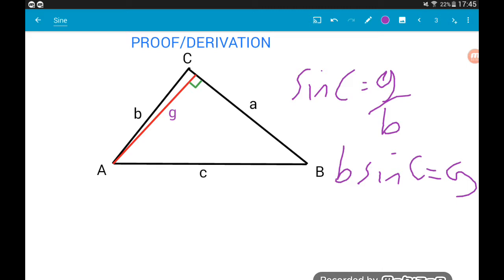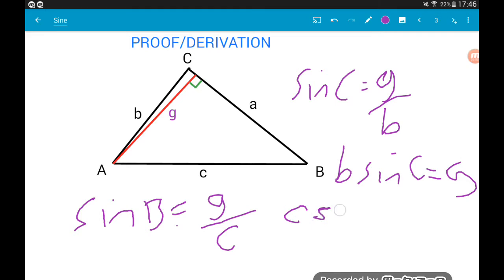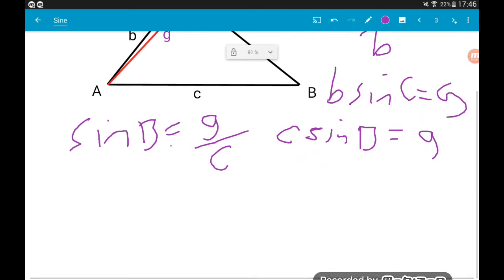And then the right hand side triangle tells us that sine of B is equal to G divided by C. So that tells us that C sine B is equal to G. So again, we've got these two equations for G this time.